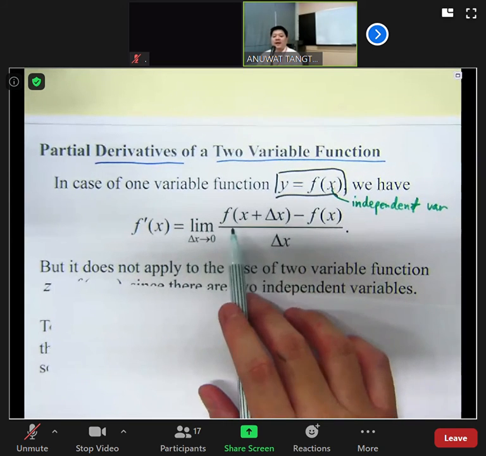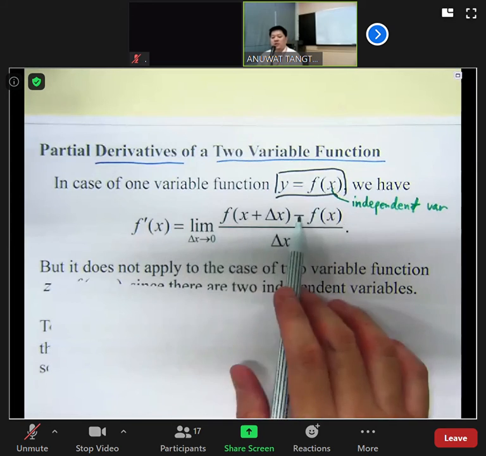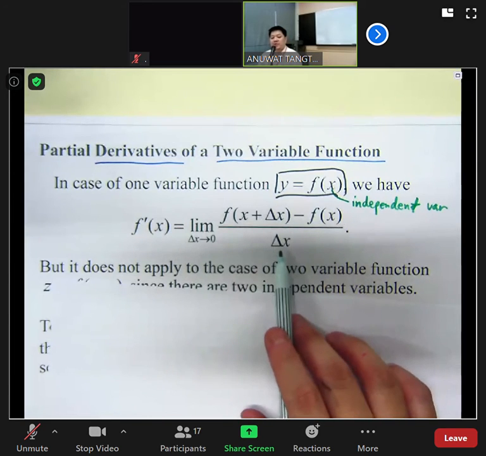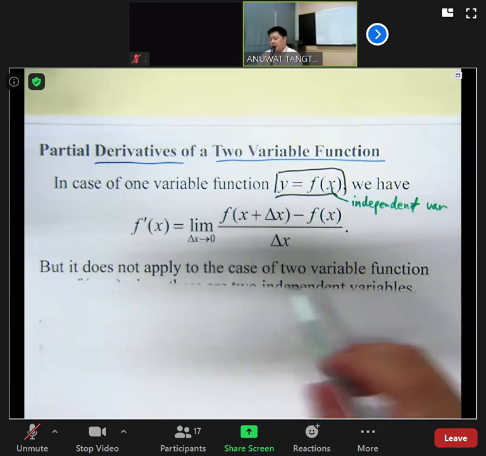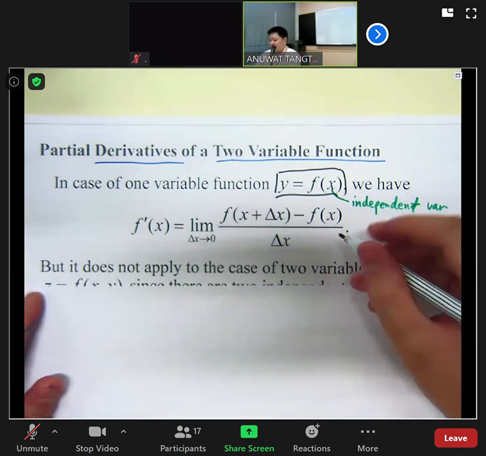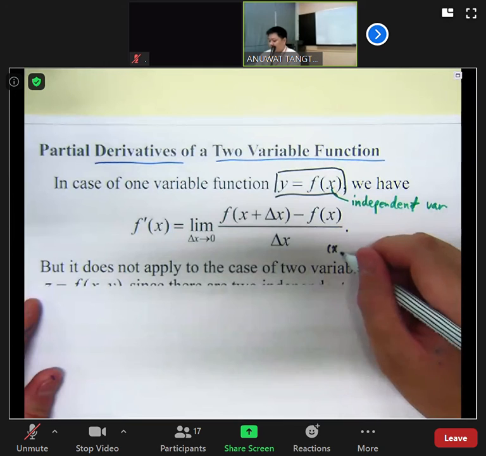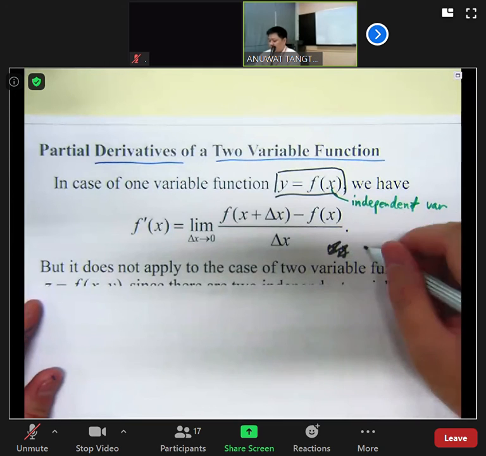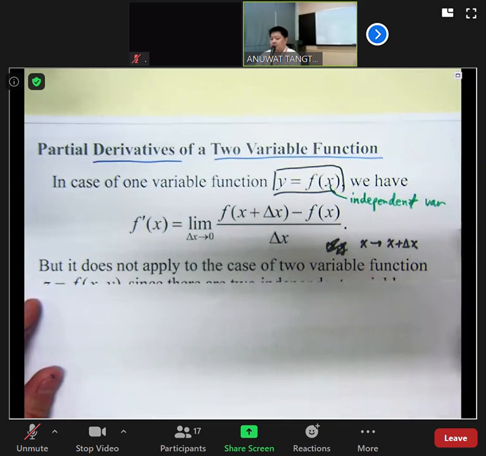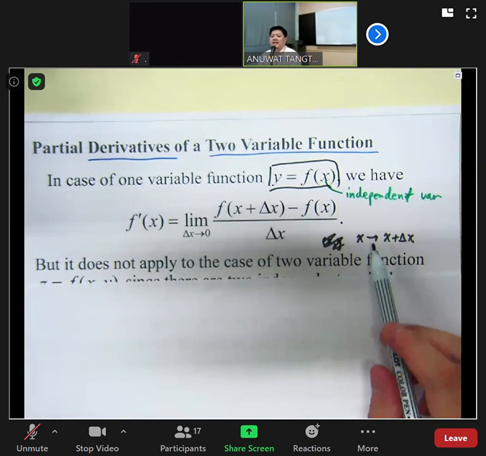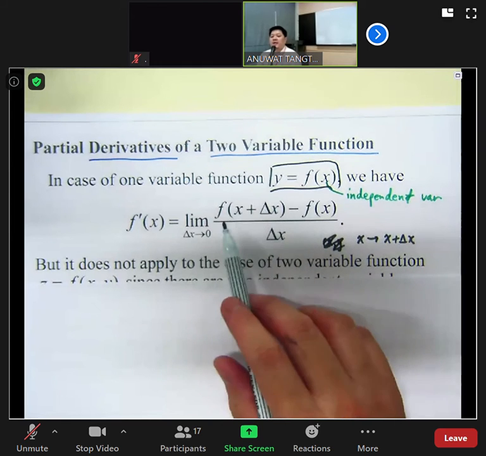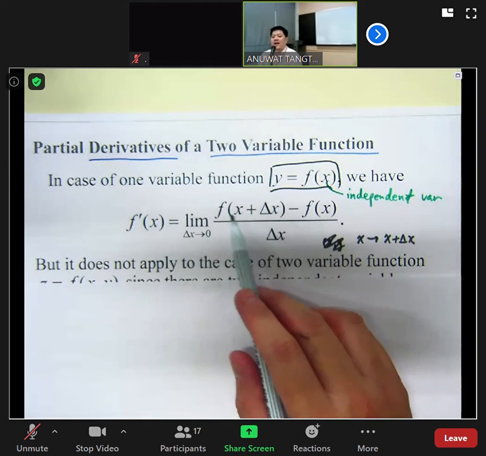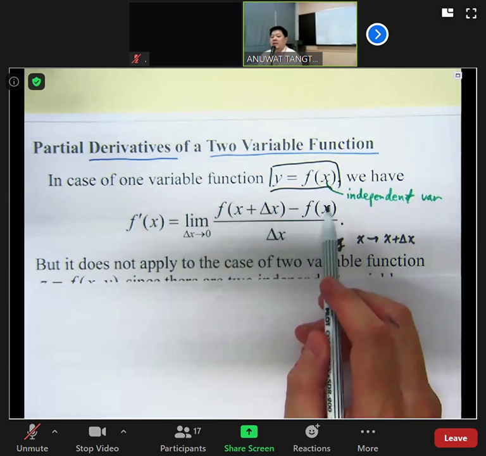So this is the concept of the rate of change. We are finding the rate the function changes compared to the change of x when x has changed very small. By the idea, we let x change to x plus delta x. The numerator would be the change of f, f at the end minus f at the beginning.